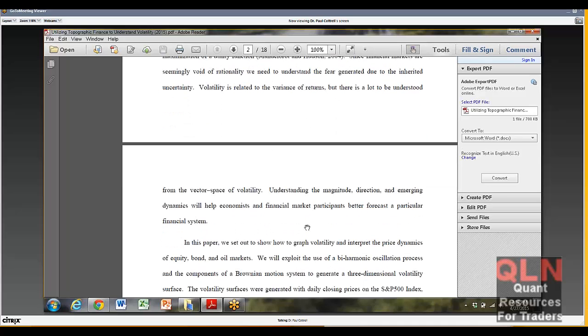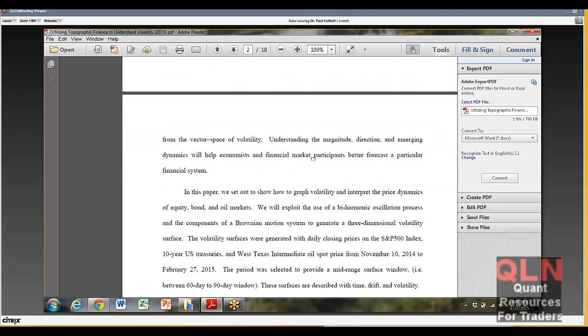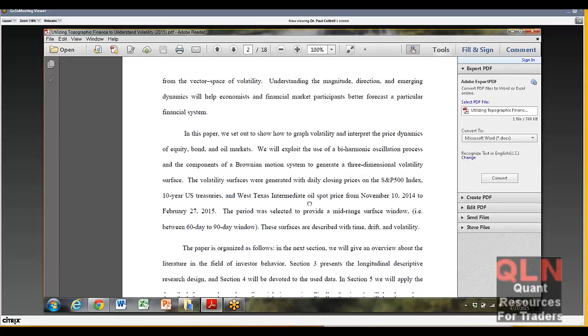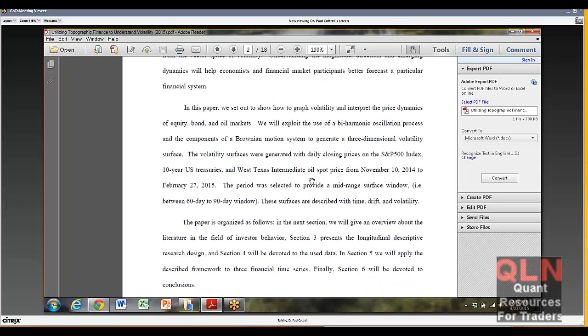Our data set was from November 10th, 2014 to February 27th, 2015. We picked 85 because it's roughly in the center of a 60-day surface window and a 90-day surface window, which is typically what I parameterize the surfaces with when I look at the market.